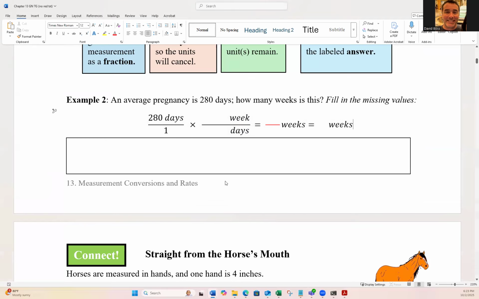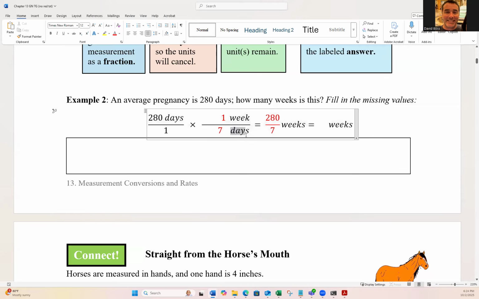We want to use that same thing, weeks and days. So 1 week, 7 days, because you want days to cancel out. You want days on top here, and days on the bottom here. That gives us 280 days times 1 week divided by 7 days.